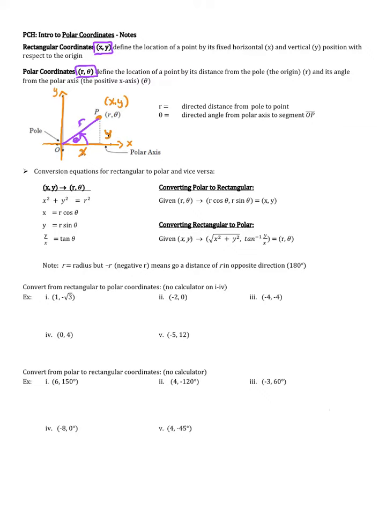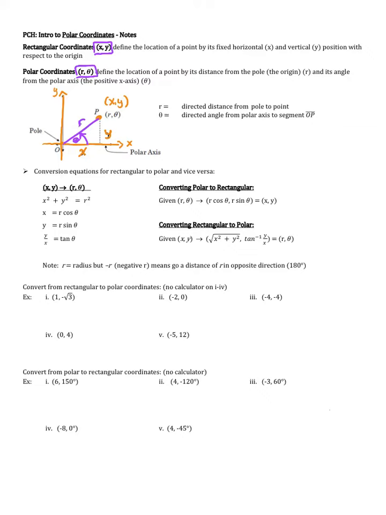So we have two ways of identifying the same place. So R is your distance from what we call the pole or the origin, and theta is going to be the angle measured just as a standard angle coming out of the positive x-axis.